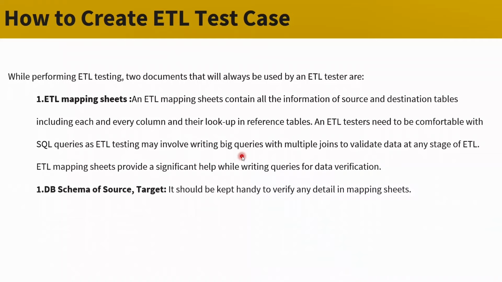While performing ETL testing, you must know the two documents that are always used by an ETL tester. So what are those two ETL documents? The first document you must prepare is the ETL mapping sheet. An ETL mapping sheet contains all the information of the source and destination tables.